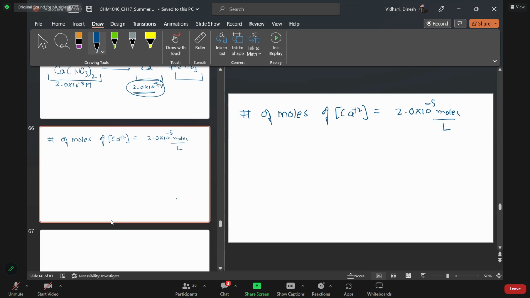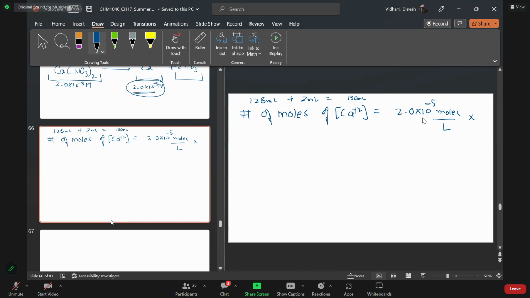And I'm going to multiply this with the total volume of my solution. What is the total volume of my solution now? I started with 128 milliliters. I added an extra 2 mL, which was sodium fluoride. And now that is 130 milliliters.